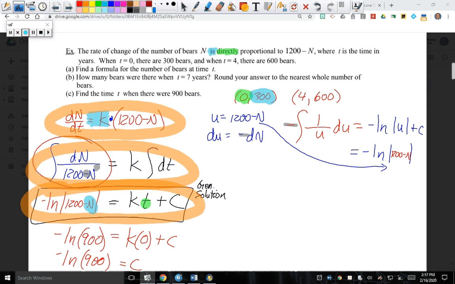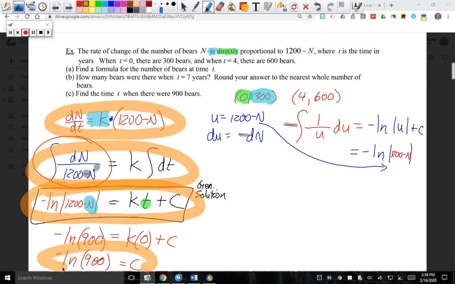Okay? So this would be your fourth point. Looking at using one of the initial conditions to solve for your c. So let me highlight that orange. Or maybe not. Are there any questions so far on what we have? I mean, it's pretty straightforward.